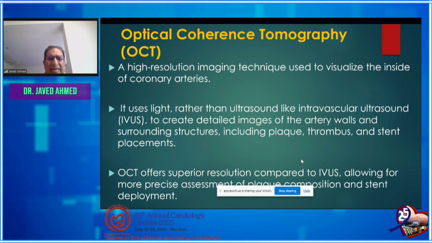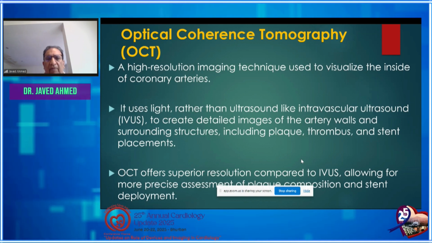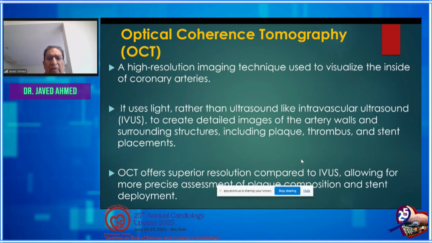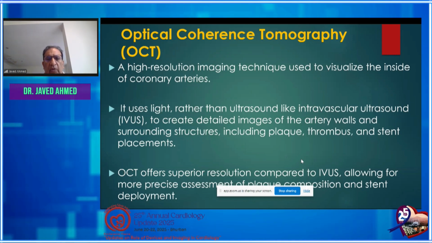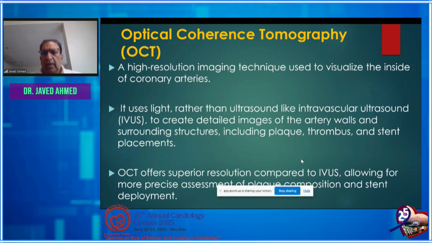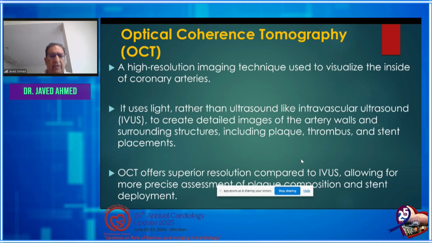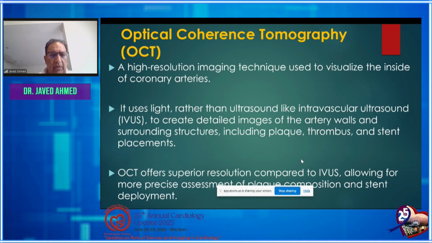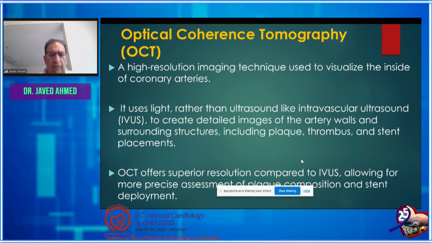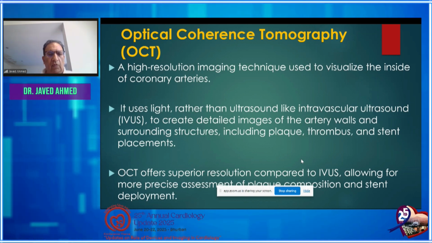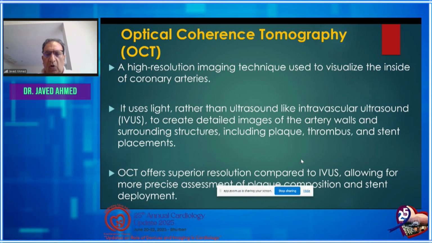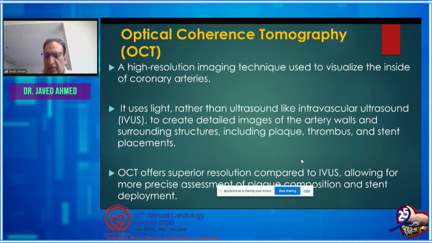OCT uses light rather than ultrasound waves like intravascular ultrasound to create detailed images of the arterial walls and surrounding structures, including plaque, thrombus, and stent placements. OCT or OFDI also offers superior resolution compared to IVUS, allowing for more precise assessment of plaque composition and stent deployment.